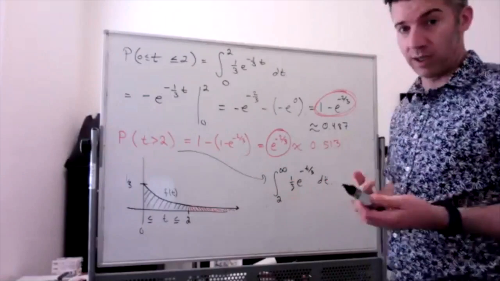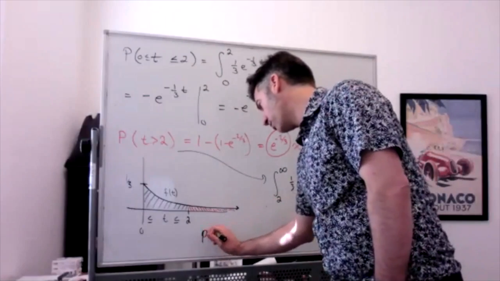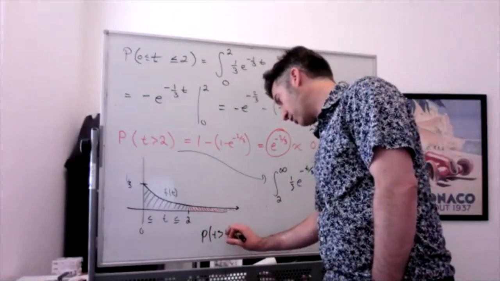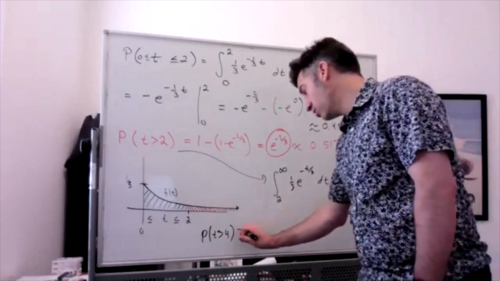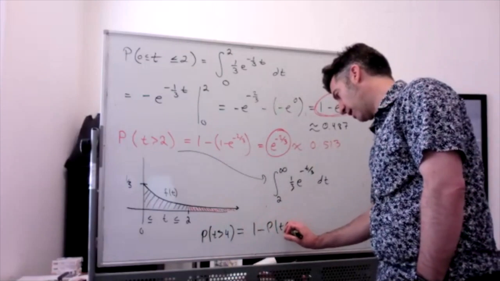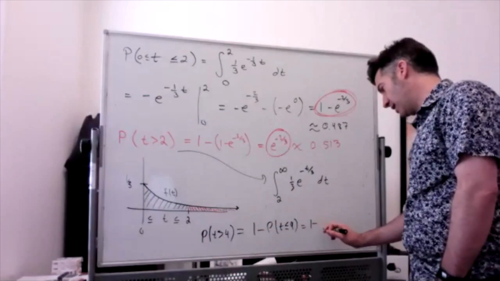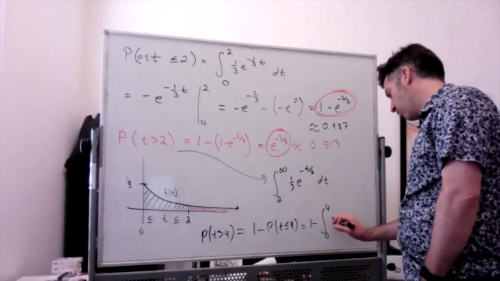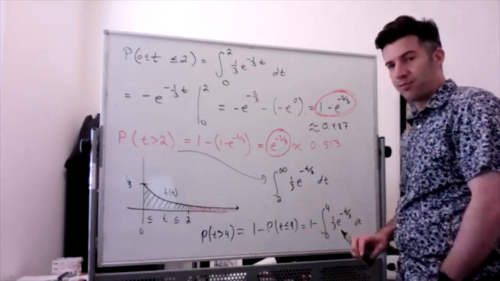For example, if someone asked, what's the probability that the time the battery lasts is more than, say, 4 years? I still wouldn't do this integral. I would do 1 minus the probability that the battery lasts less than or equal to 4 years, which is 1 minus the integral from 0 to 4 of 1/3 e to the negative t over 3 dt.